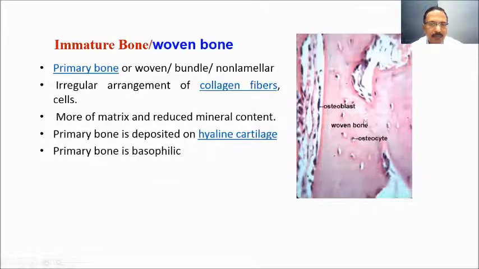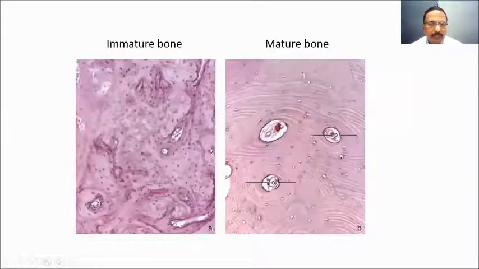You get this sort of bone at a fracture site, when the fracture is healing. This is woven bone, non-lamellar in nature, with irregularly arranged collagen fibers and osteoid around it. Primary bone, which is deposited on the hyaline cartilage, is also an example of woven bone. In this picture, you can see the difference between the lamellar bone and the woven bone.